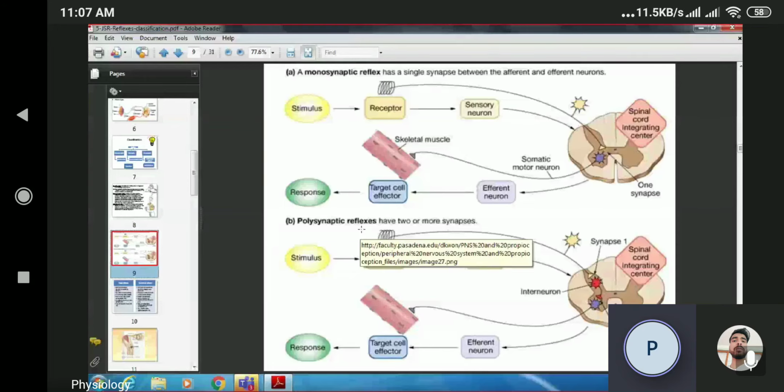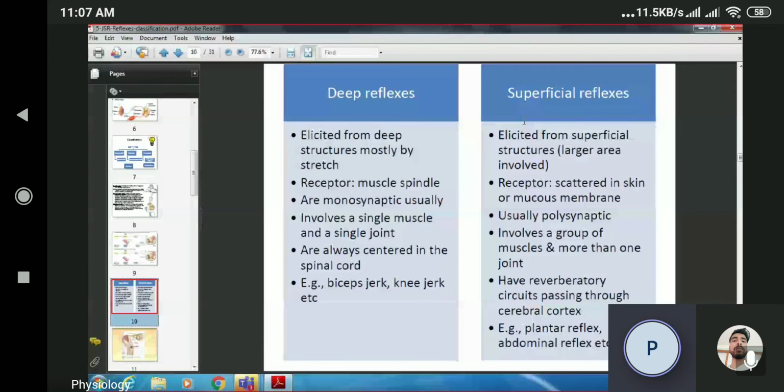Now we need to know the difference between deep reflexes and superficial reflexes. As the word itself tells you, deep reflexes are elicited from deep structures, mostly by stretch of the muscles. Superficial reflexes are elicited from superficial structures, and larger areas are involved. The receptor for deep reflexes is the muscle spindle, and the receptors for superficial reflexes are scattered in skin or mucous membrane.